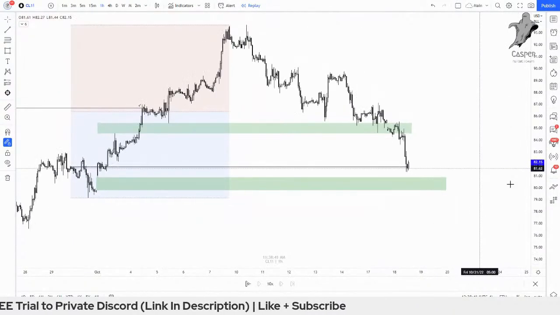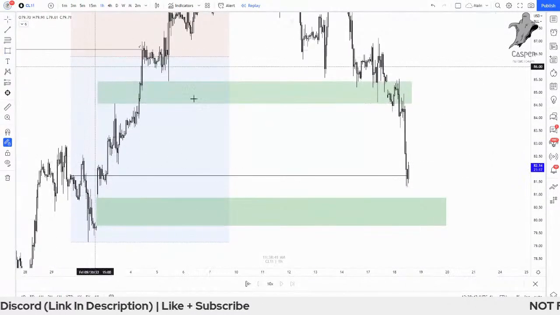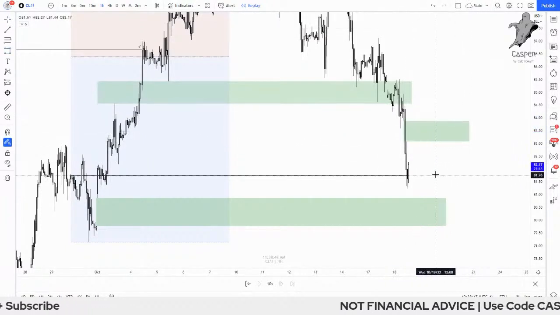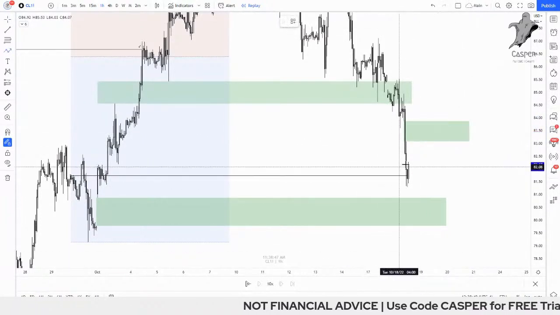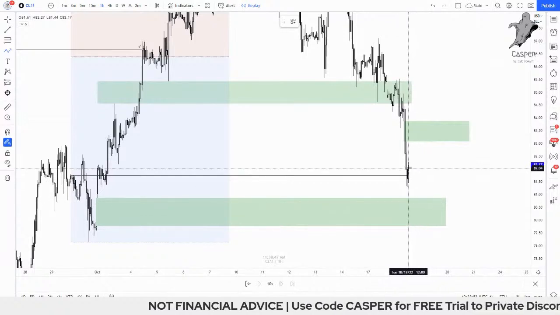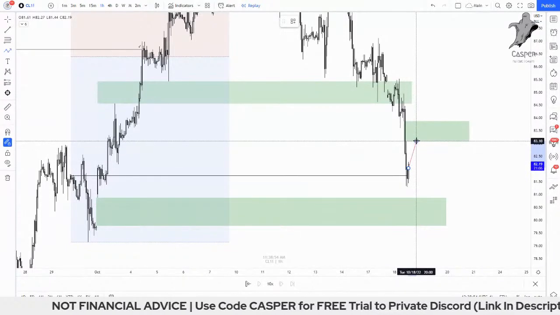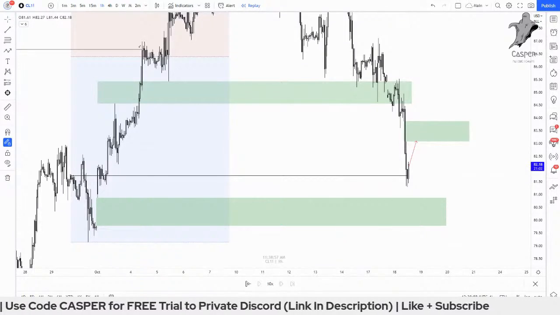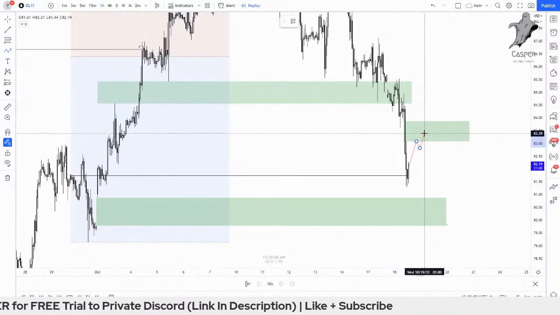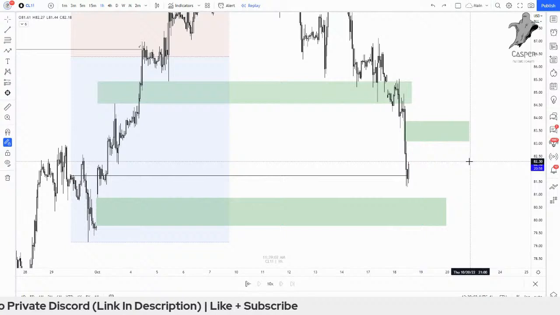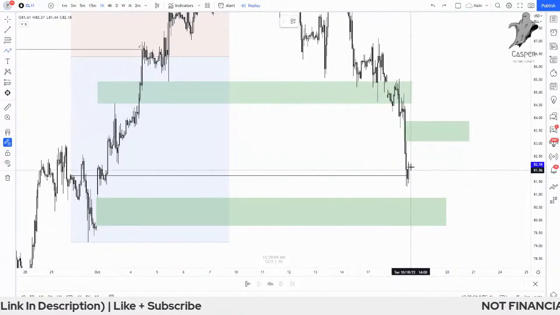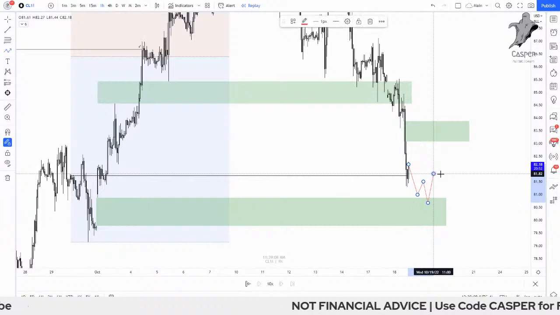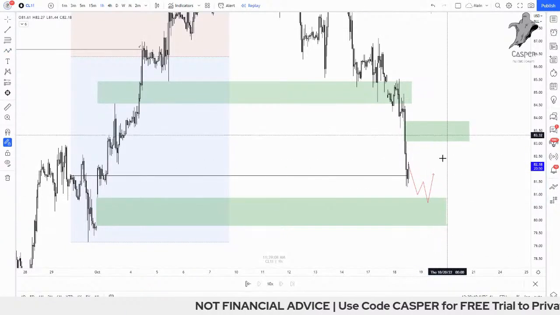But I would wait either for oil to come up into this area right there. Now, if it comes up there before tapping into this, depending on the price action, let's just say it goes straight there right now, that would be a good framework for a sell, and you could wait for your lower time frames to give you entry. Or if you do something like this and then pop up like that, I would just look to try to long up into that.